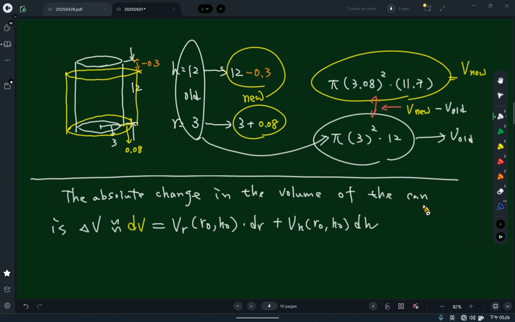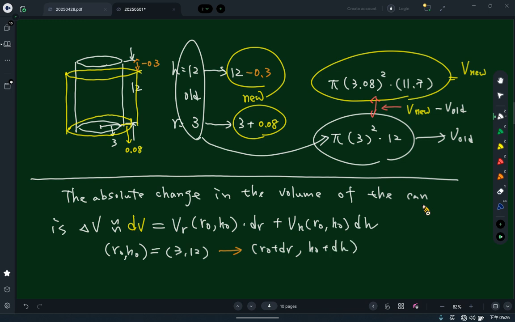So the original r0 h0 is 3, 12, but right now we change to r0 plus dr, h0 plus dh.